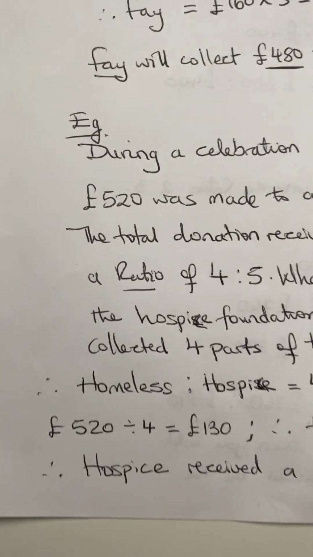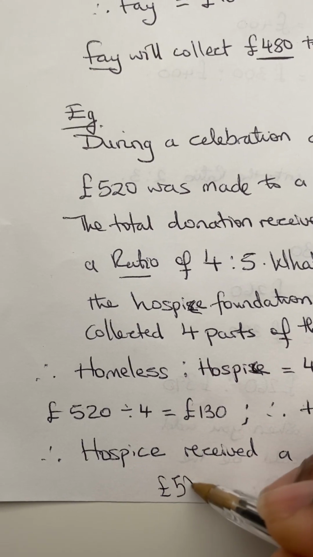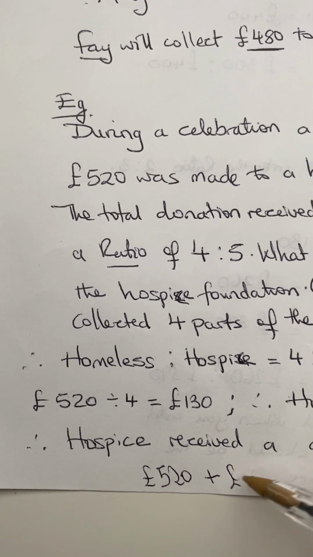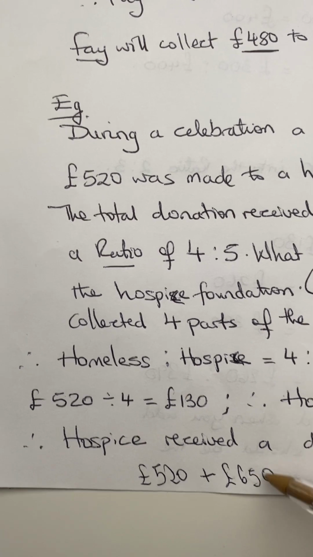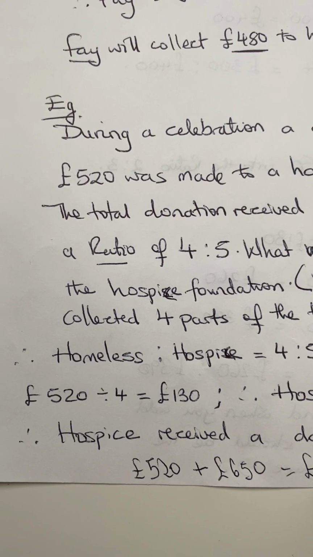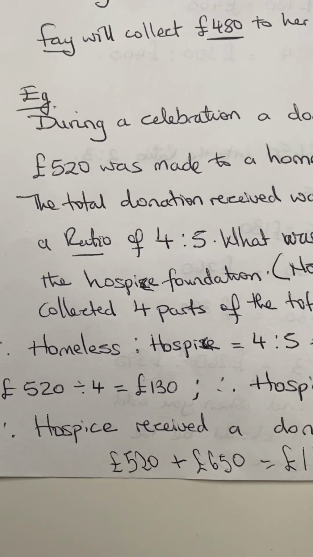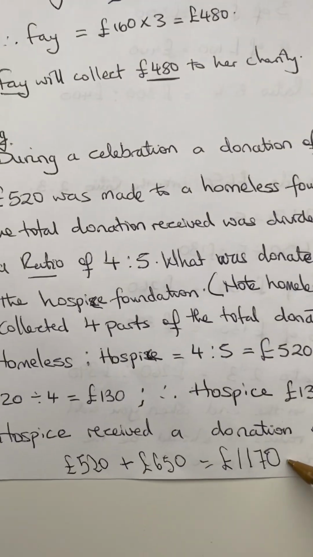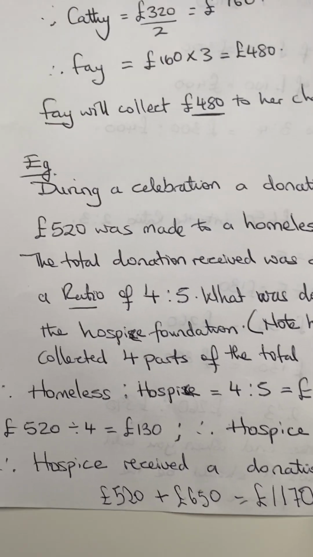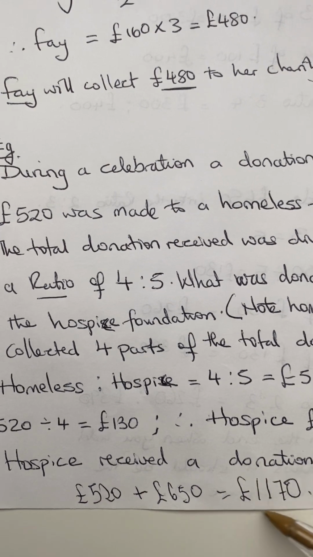So all we'll have to do is to add 520 plus 650, which will give us a total amount of 1170. So this is the total amount they got, but we are not asked to find that. You need to read the question and see what you are asked to do.